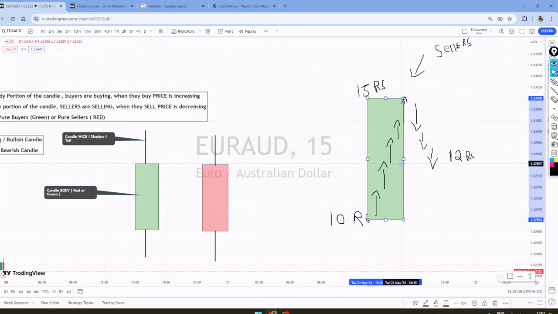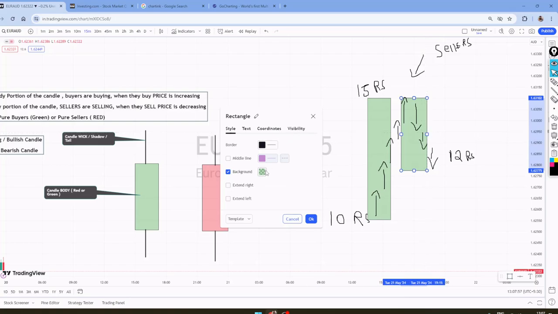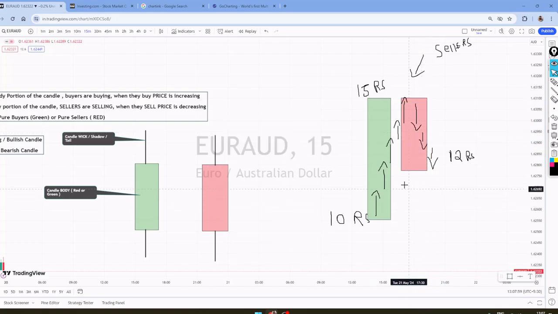And exactly at 15 rupees, some people started to sell. Sell means a red candle, right? From here to here, it's a red candle. So you have one green candle and another red candle.